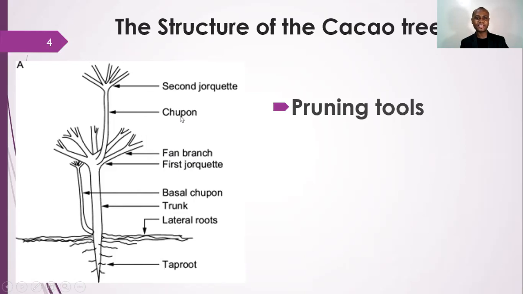Then we have the second chupon, and then the second jockey. One thing you should note is that in pruning, you have to remove the basal chupon. It should not be allowed to grow, so you have to remove it.